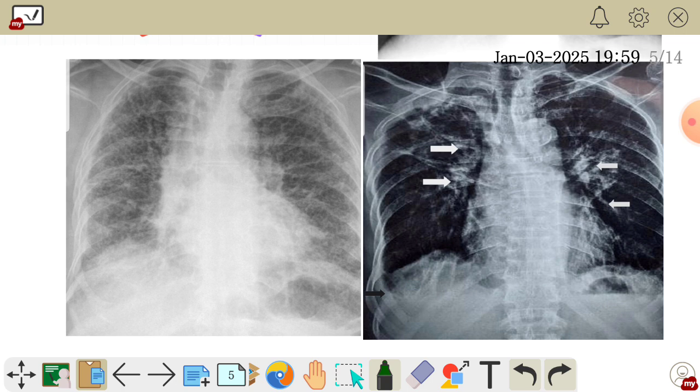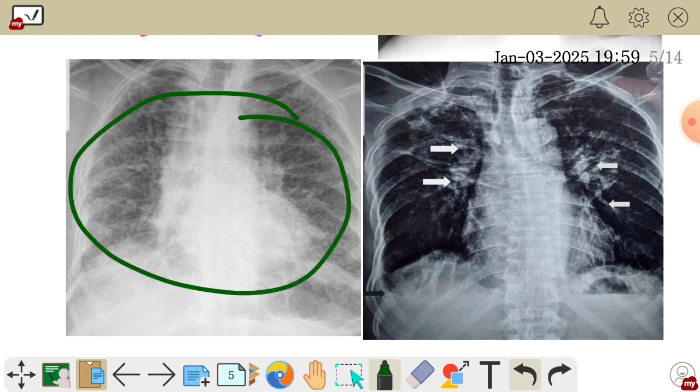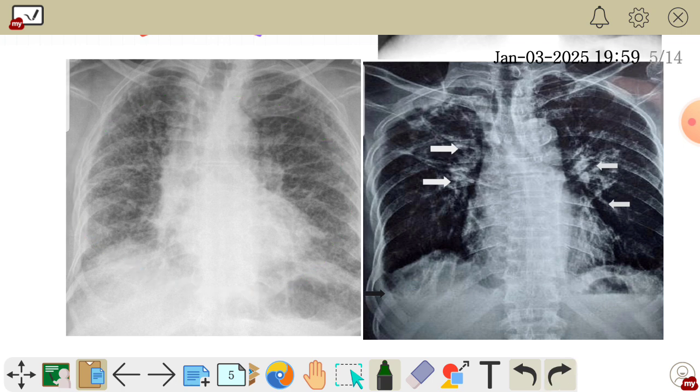Okay, then for bronchopneumonia, we have patchy consolidations or opacities. So like in this diagram, we can see we have patchy, which are uneven consolidations in the lungs. Okay, but in interstitial, we are going to have reticular opacities.